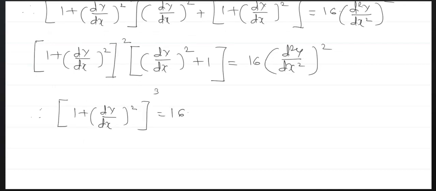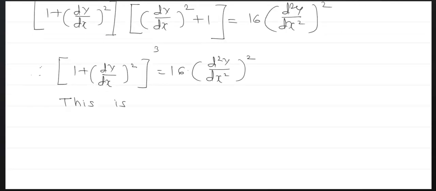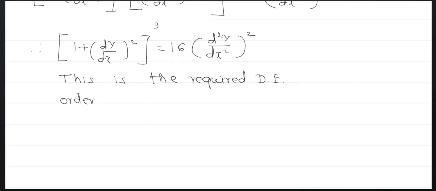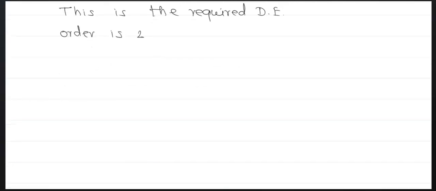Therefore, (1 plus (dy by dx) square) to the power 3 is equal to 16 (d2y by dx square) square. This is the required differential equation. Order is 2.